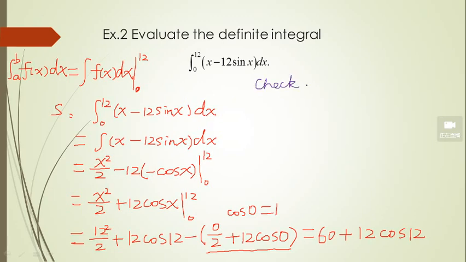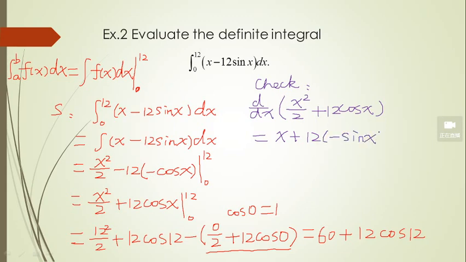Let's take the derivative of this function, x squared over 2 plus 12 cosine x. For x squared over 2, of course, the derivative is x. Then plus 12 cosine x, the derivative gives minus sine.